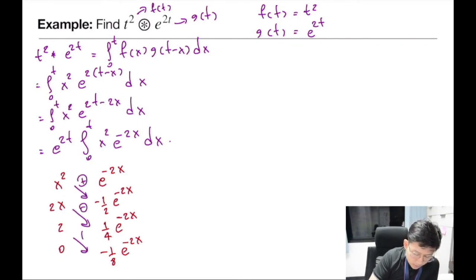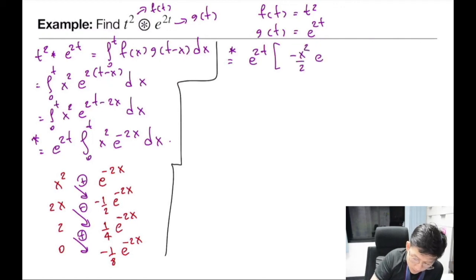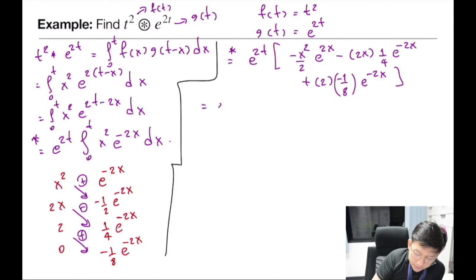So from here, we have that it is actually e to the 2t minus x squared divided by 2 e to the 2x, and then minus 2x times 1/4 e to the minus 2x, and then plus 2 times 1/8 e to the minus 2x, and that is e to the 2t.